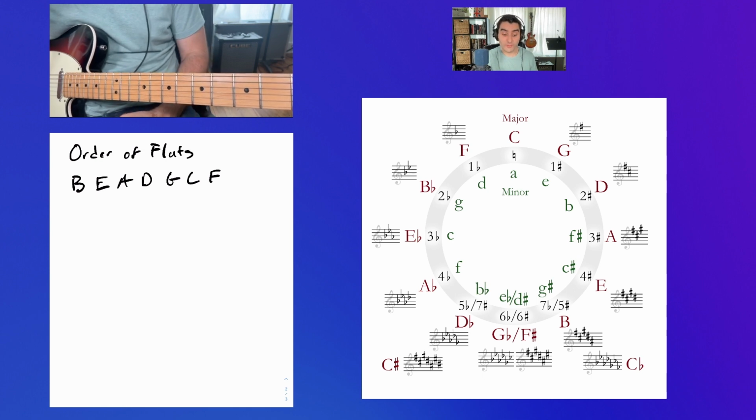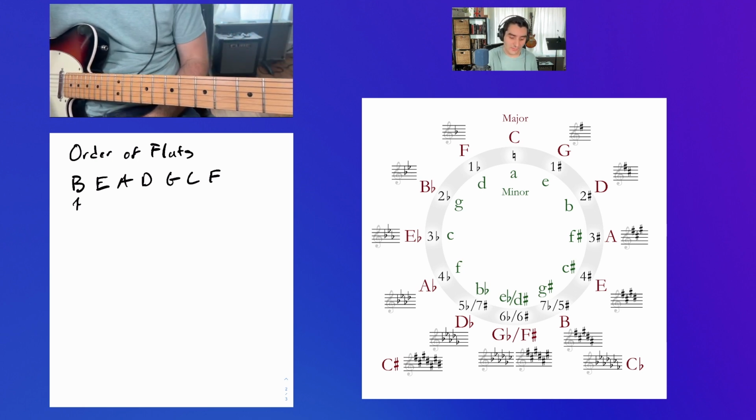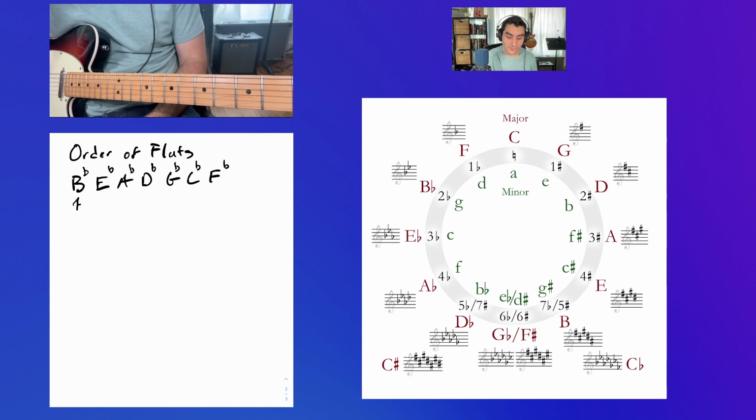Well, we take the first flat in the order, and that's what it is. So it's actually a B flat note, okay? And I could actually write little flats here just so you know.